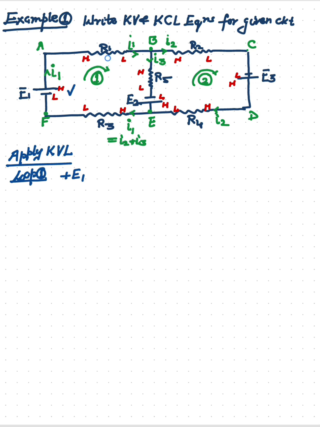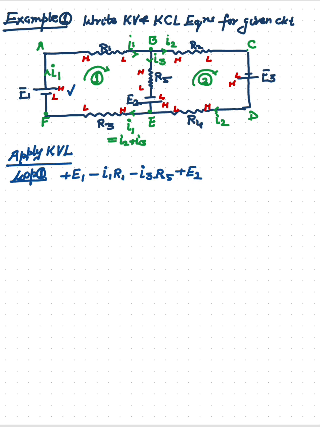Then resistance R1. Across resistance R1 the voltage drop will be what? We are going high to low, and high to low means negative, so minus I1 R1. Across R5 also we are going high to low, so again minus I3 R5. Across E2 we are going low to high, so plus E2.